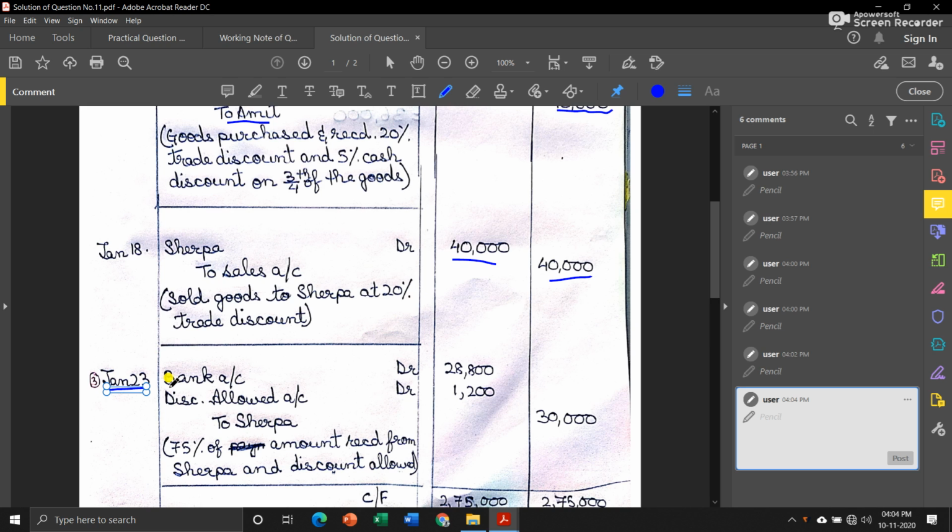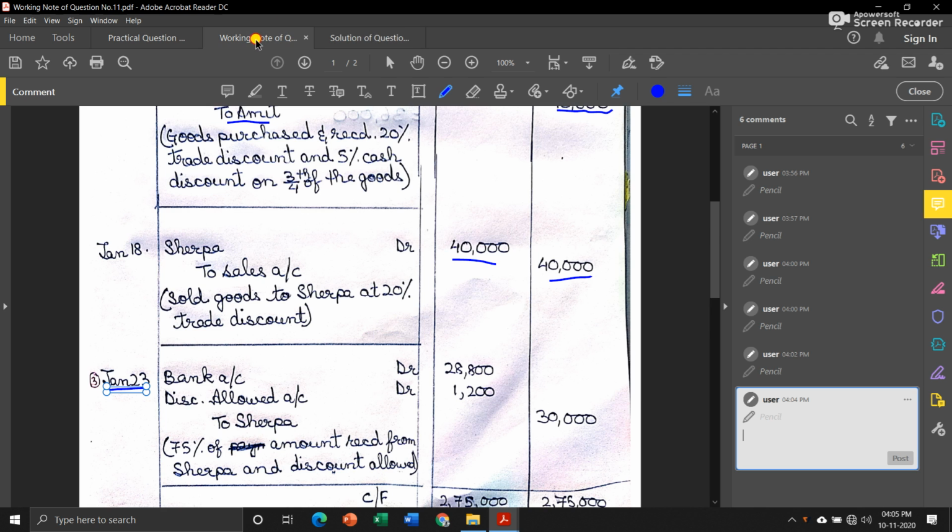Now since we received a check, that means we will receive money in our bank account, not in cash. So bank is the receiver of money, and according to the personal accounts rule, debit the receiver. So we debited bank account, and then we allowed discount, so discount allowed account is debited. Then who is the giver? Sherpa. So his account will be credited. Now since we have two accounts on the debit side and one on the credit side, first we will write the debit side's amount.